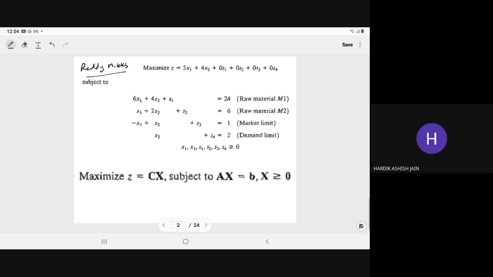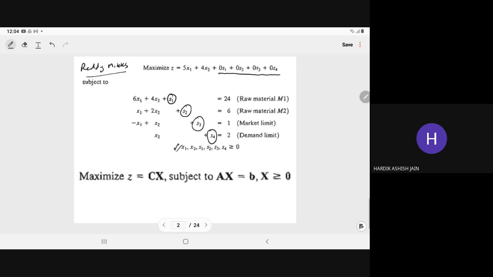To write in the standard form, first we convert it into the equation form. For converting into equation form, we have to add the slack variables. So here we have x1, x2, s1, s2, s3, s4, all greater than or equal to 0, and their cost in the objective function will be 0.